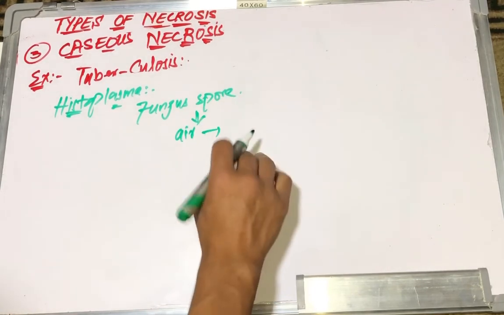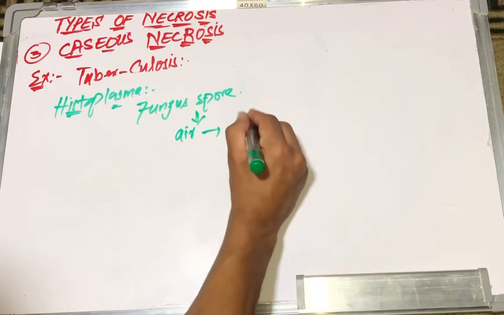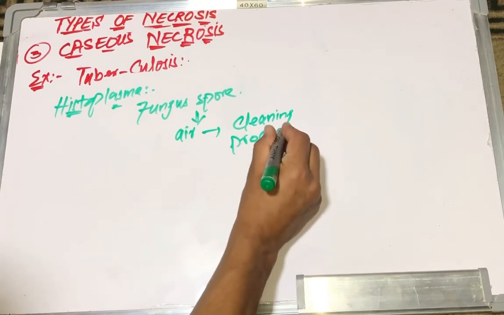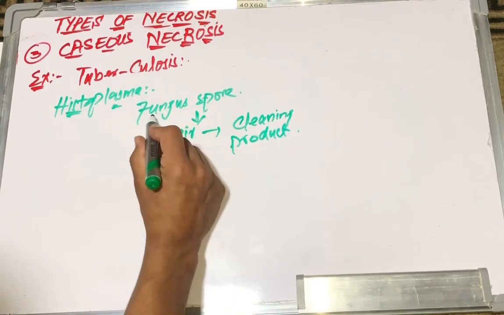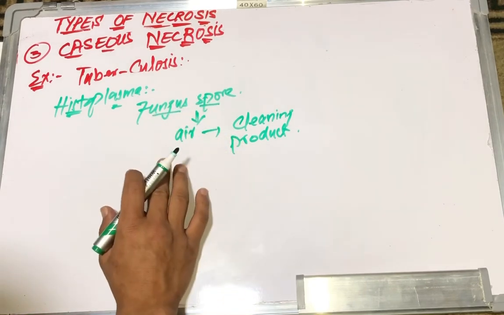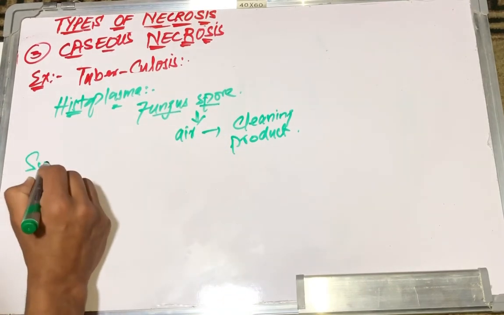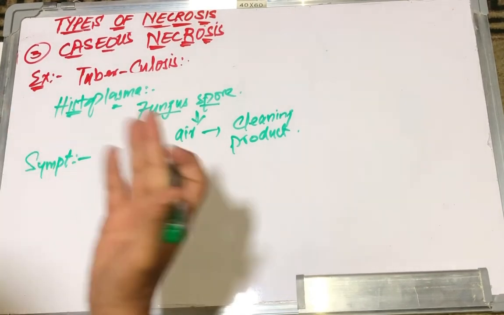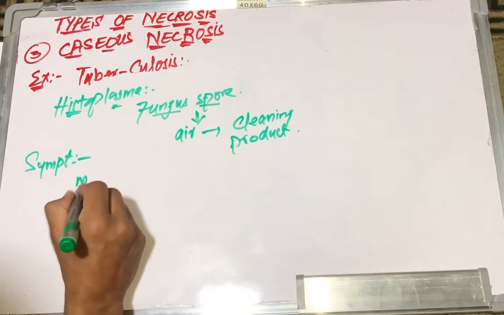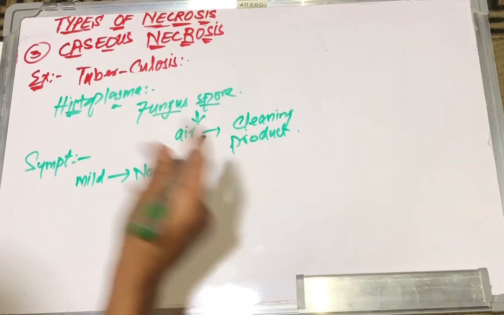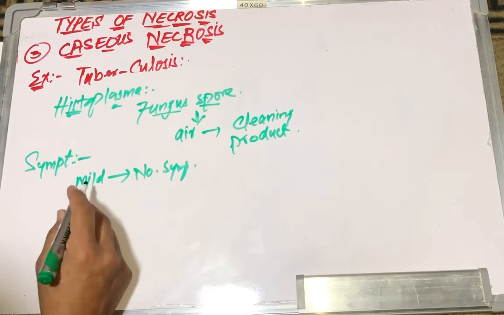When a person is working on any type of cleaning project and inhales these fungus spores, they develop an infection, and that infection we call histoplasmosis. What are the symptoms of histoplasmosis?